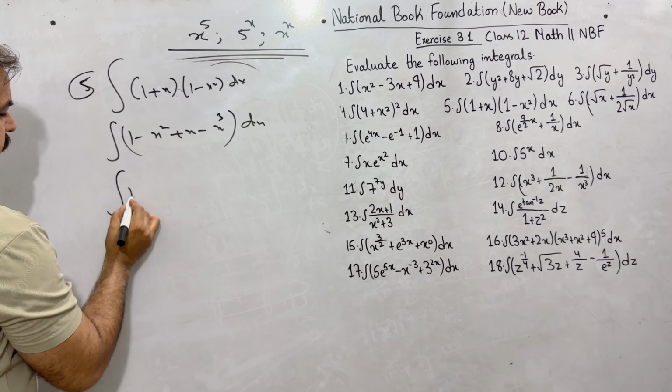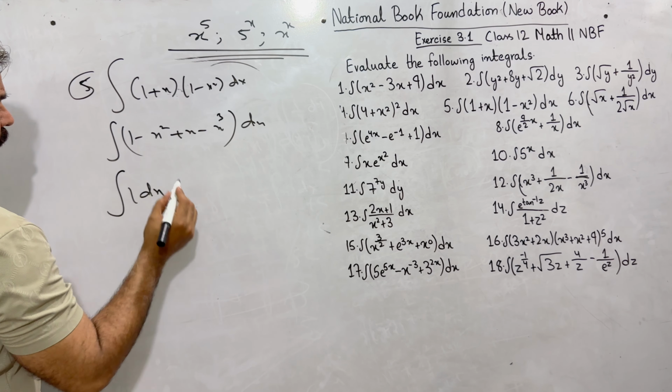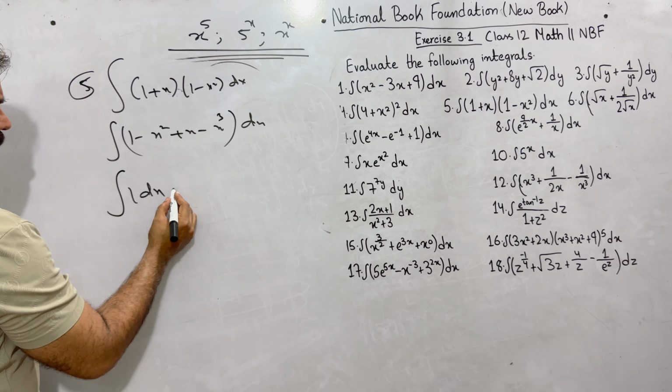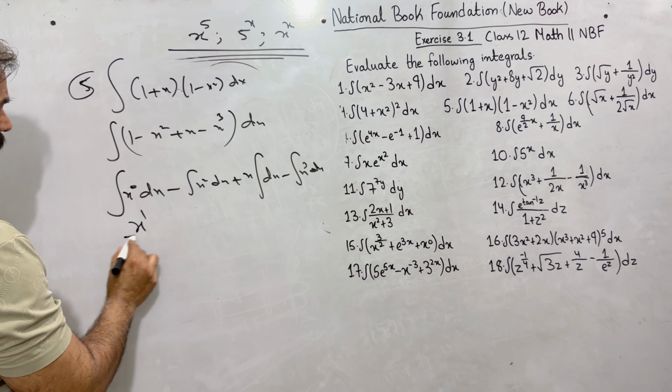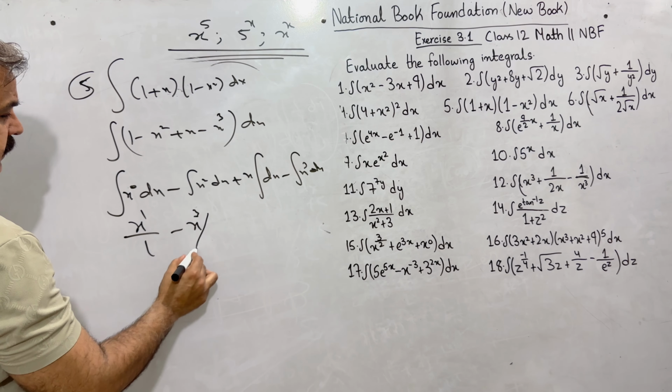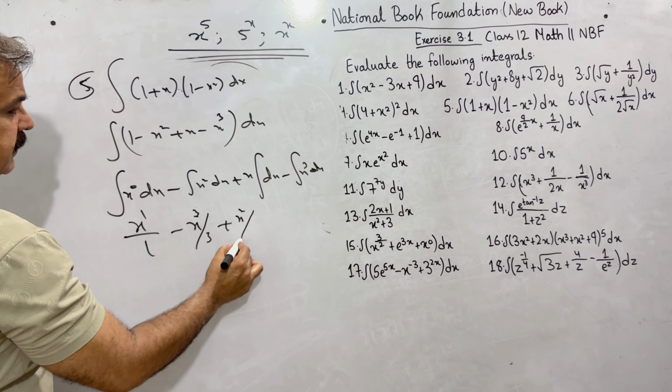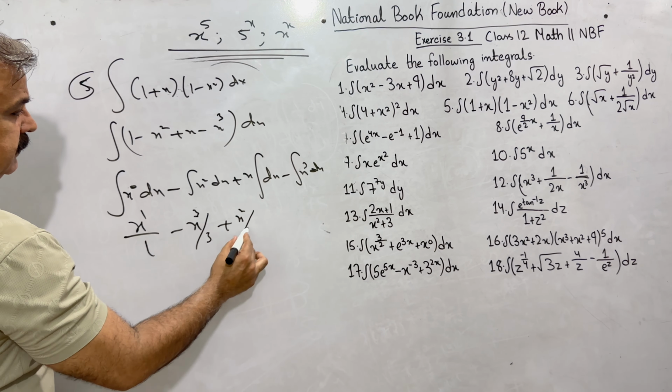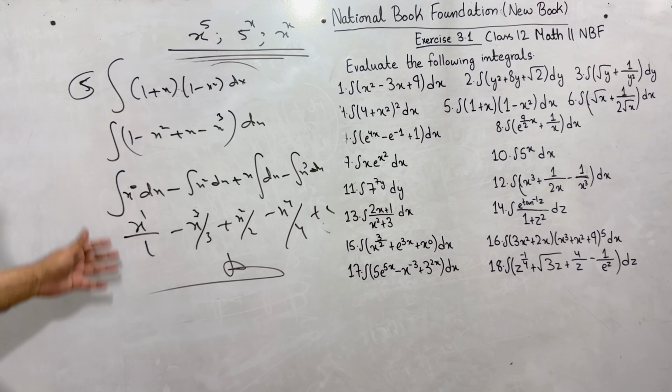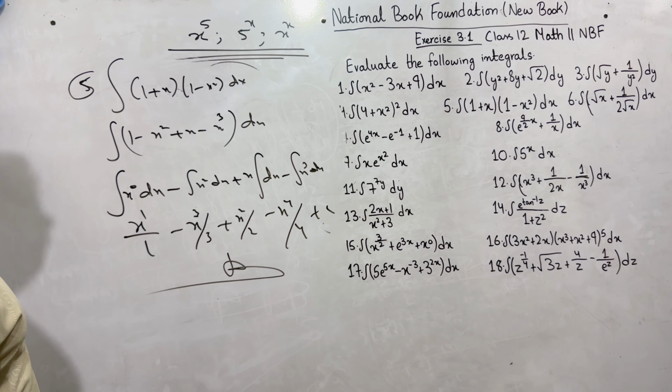Simply multiplying the integration symbol and dx, we have 1 dx minus x square dx plus x dx minus x cube dx. Here is 1, it is a pure constant. I can introduce x power 0, adding 1 into the power for each term, plus c. It's our answer. Nothing we can do to simplify this further.